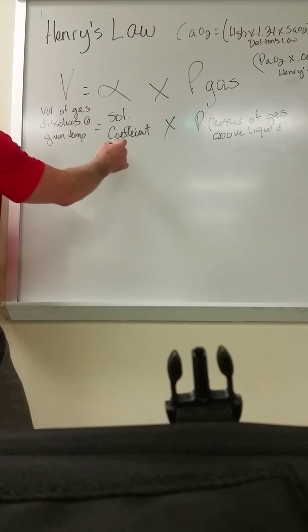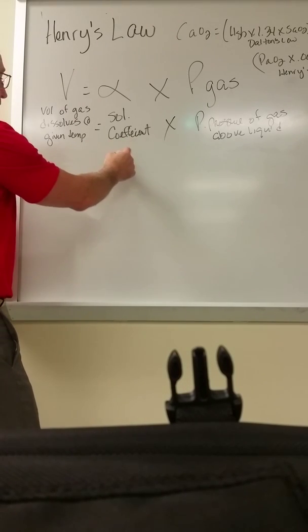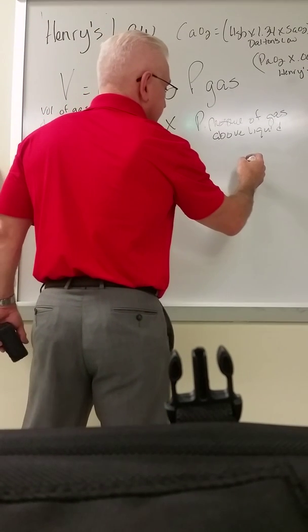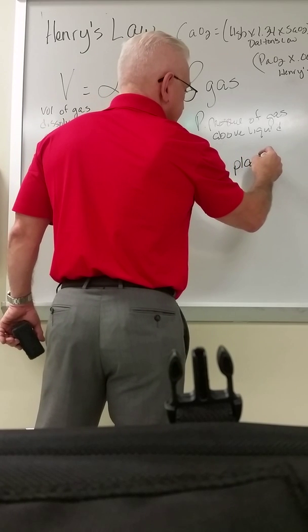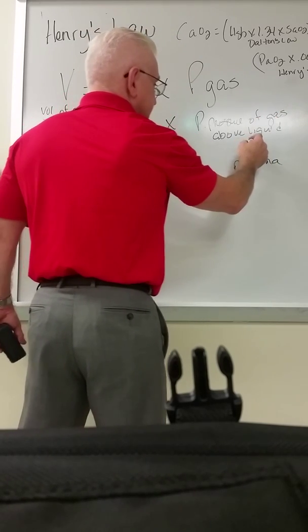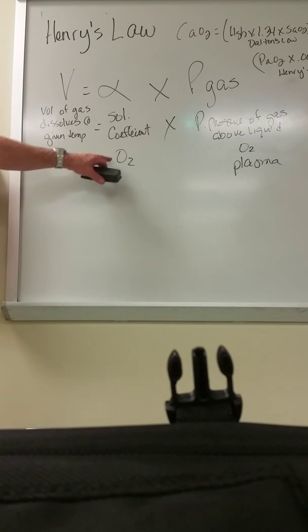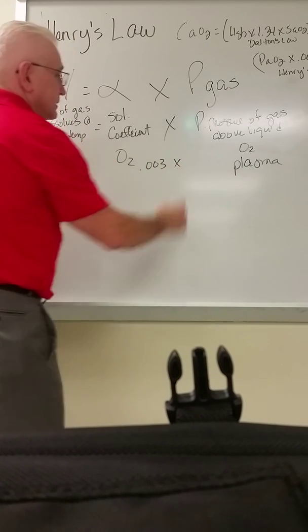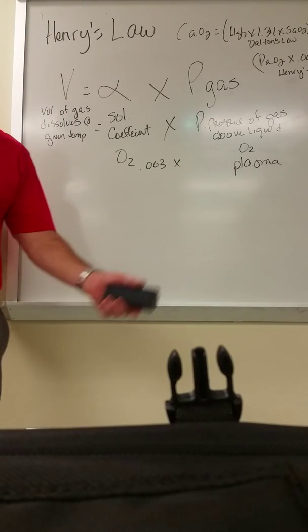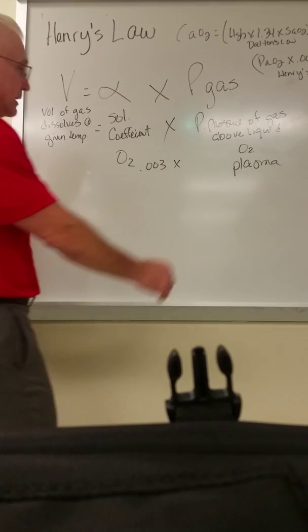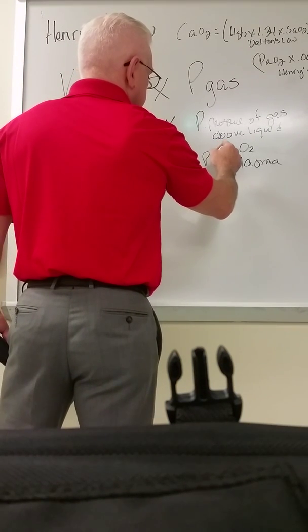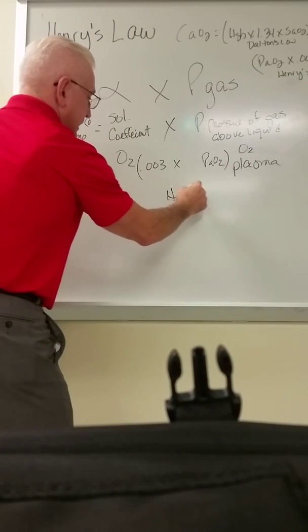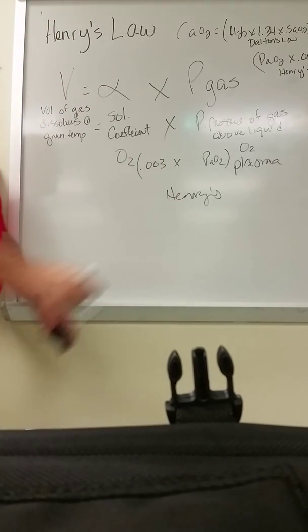The liquid could be plasma, and we're looking at the gas of O2, and we get that solubility coefficient of 0.0003. And if we know what the partial pressure is from a blood gas, the PaO2, we can make that formula. And now we have Henry's law coming back in reverse.